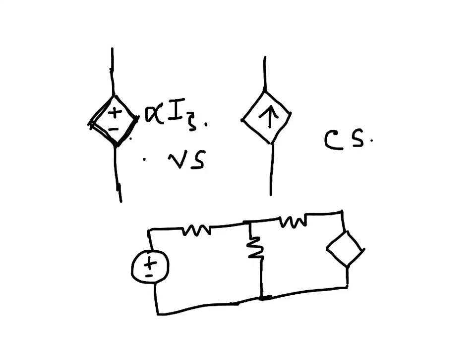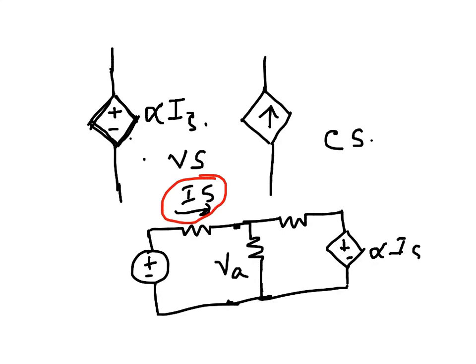Maybe this current is IS and maybe this voltage here is VA. So when I say alpha, that means this one's voltage is dependent on this current IS. So alpha IS, or it could be something else. It could be, let's use another term, beta VA.